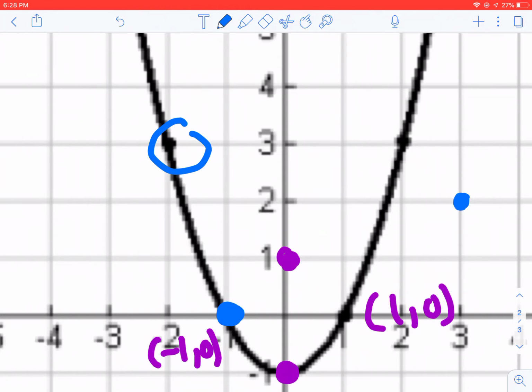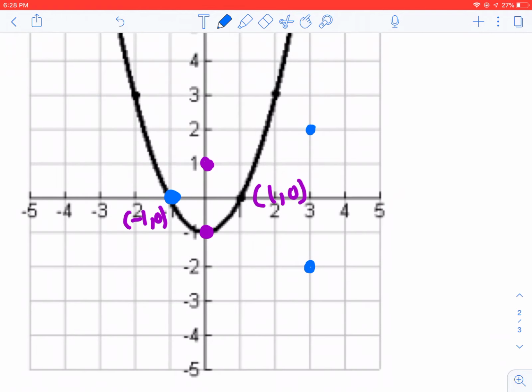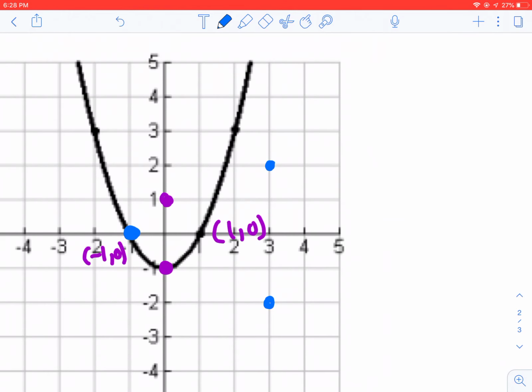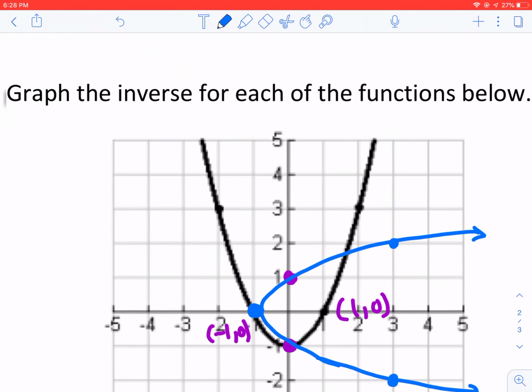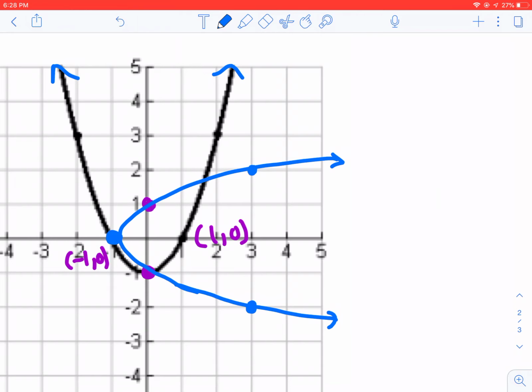This point, negative 2 comma 3 becomes 3 comma negative 2. And so if I connect these dots here, I'm just going to assume there's arrows over here as well. Right, there's my inverse function.